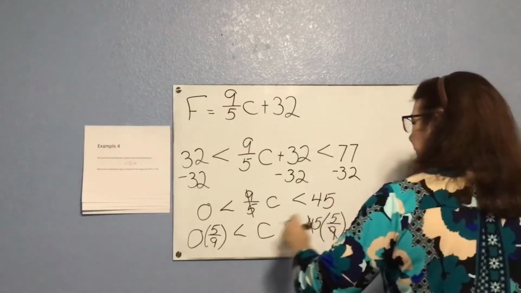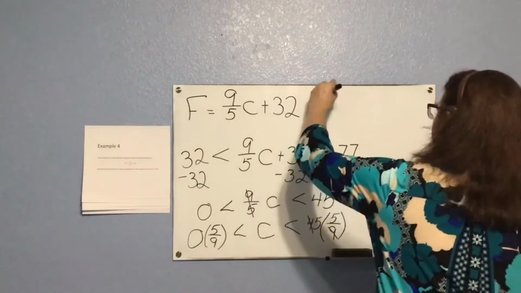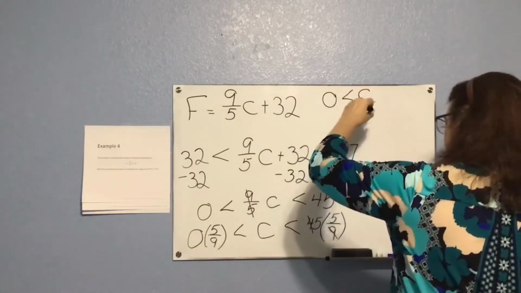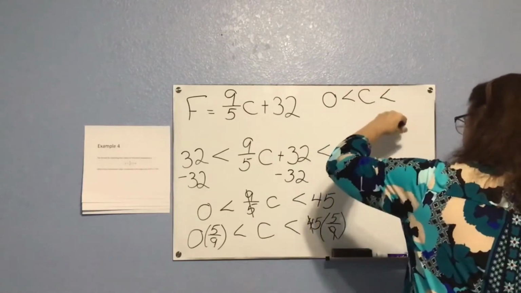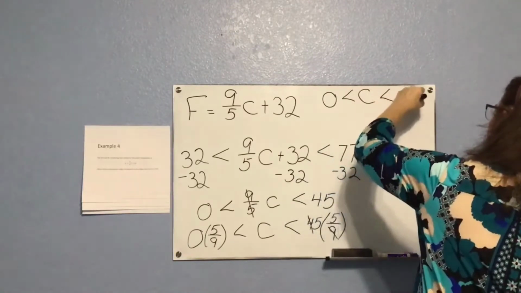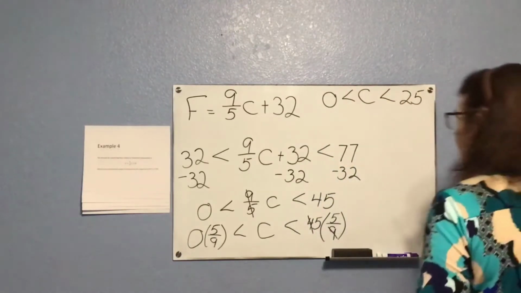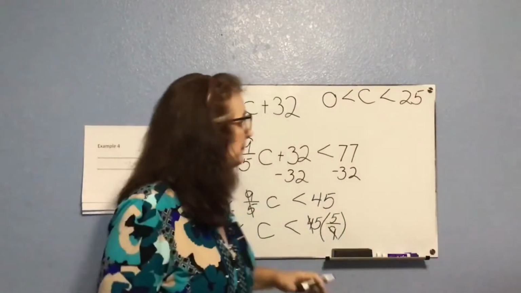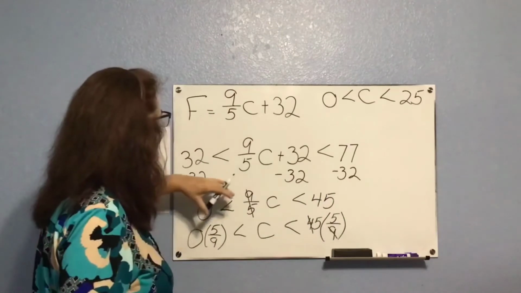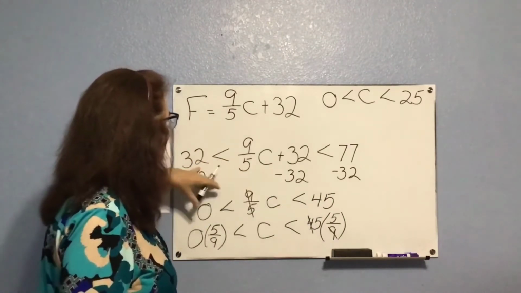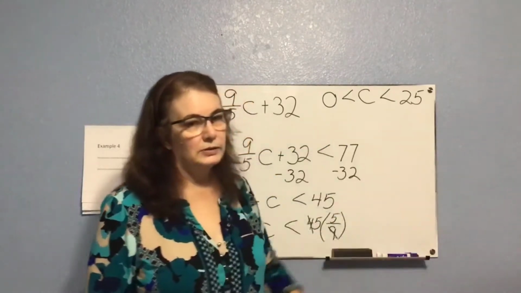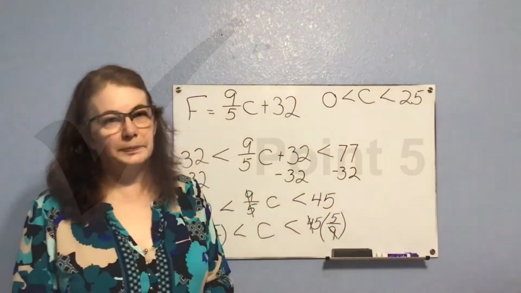So I end up with 0 times 5/9 is just 0, less than C, and less than 25. Okay, so our range for Celsius temperatures that matches the 32 and the 77 is from 0 Celsius to 25 Celsius.